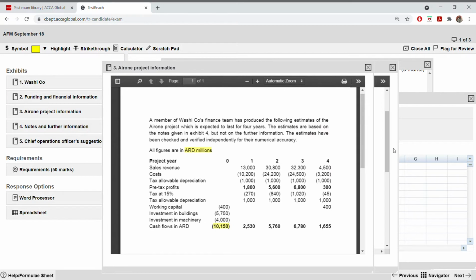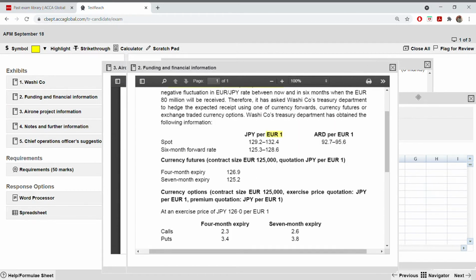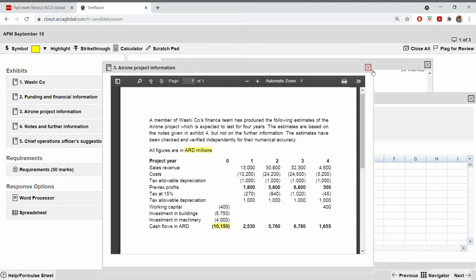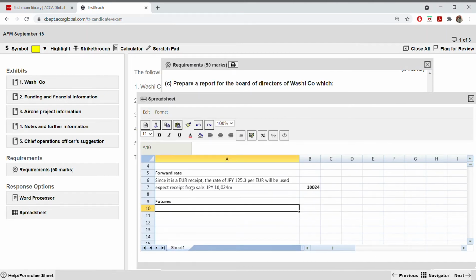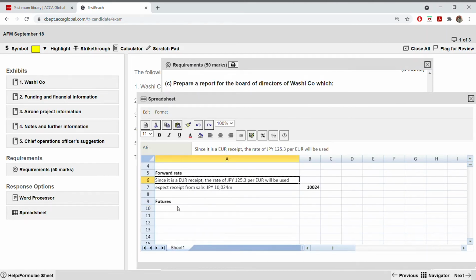So what are you going to say? Just copy paste, since it is a euro receipt.